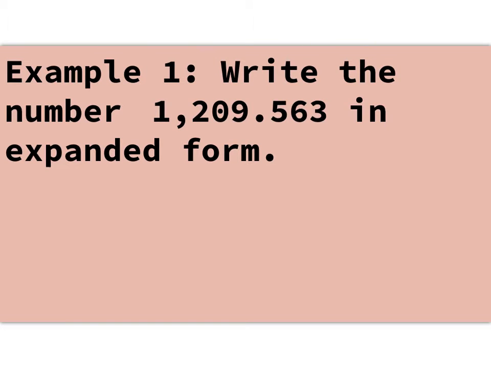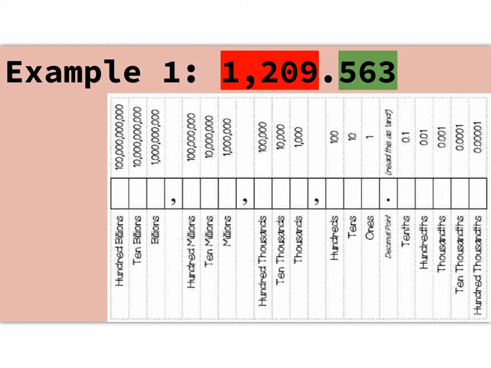Okay, getting to our first example. Write the number 1,209 and 563 thousandths in expanded form. So I'm using a chart, but this is not expanded form.